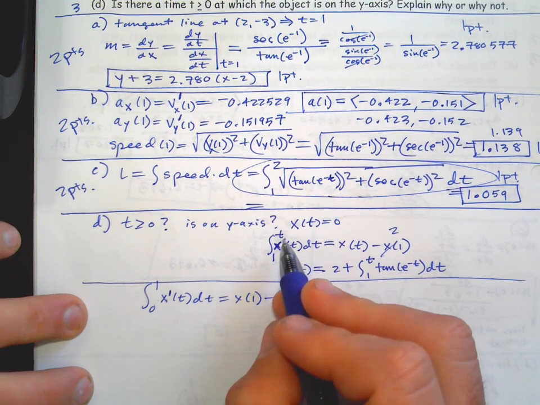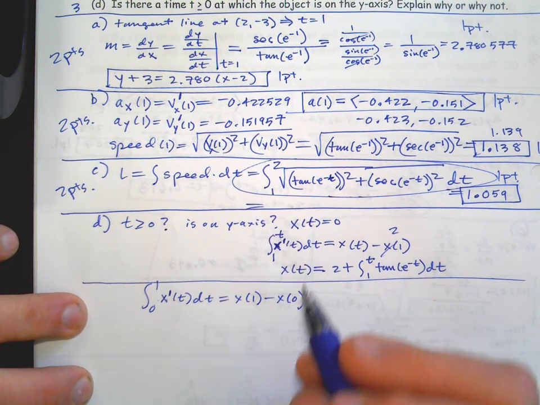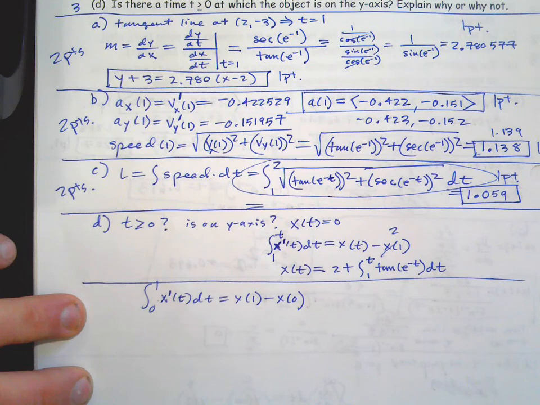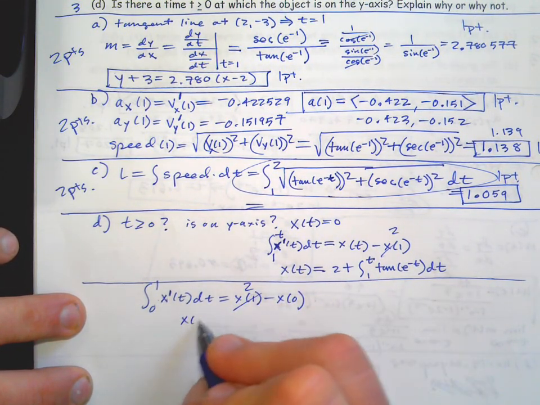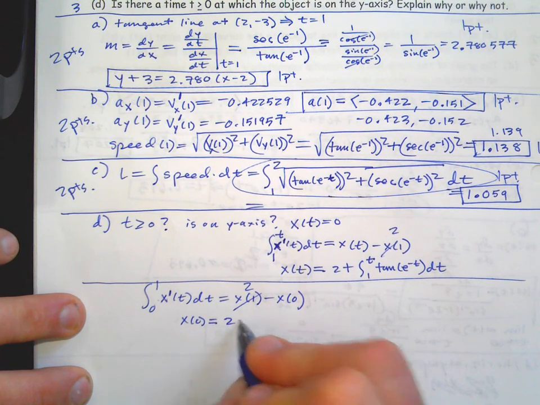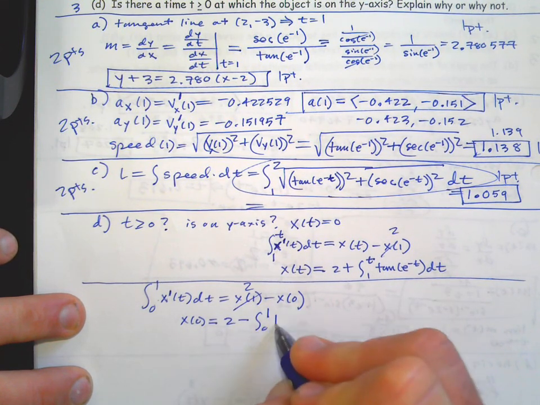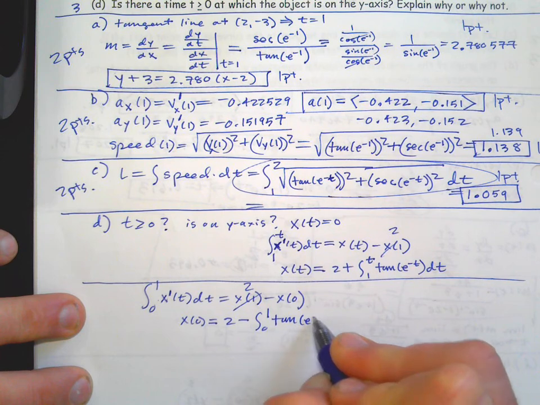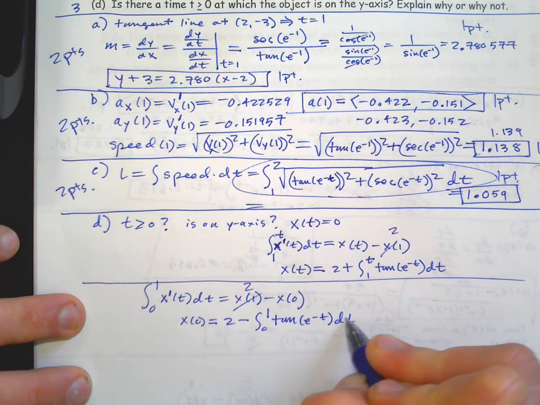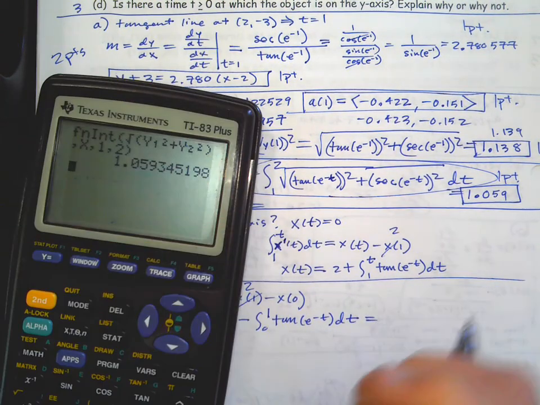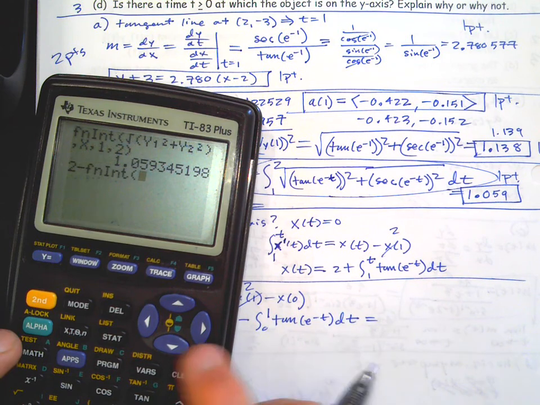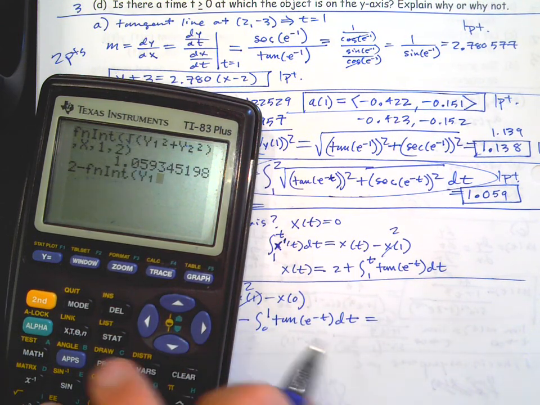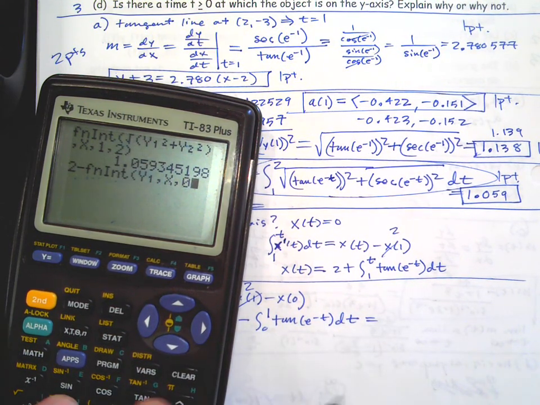So x1 is 2, so x0 equals 2 minus the integral from 0 to 1 of tangent of e to the negative t dt. So we could use our calculator to find that: 2 minus math 9, vars, y vars, function y1, comma x, comma 0, comma 1.